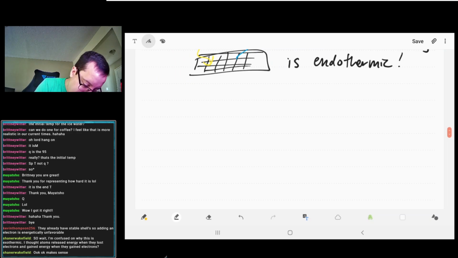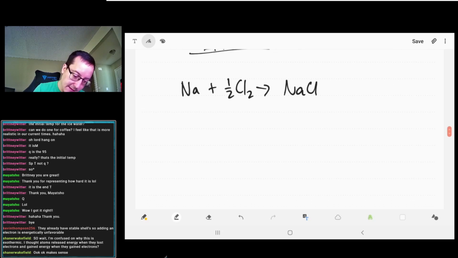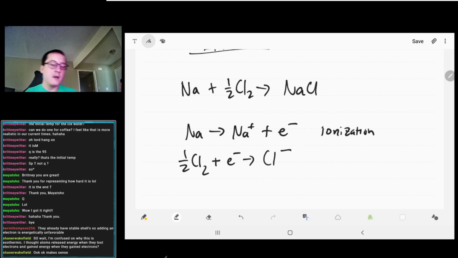Alrighty, so we have a reaction here that we're familiar with, perhaps. This is technically the same thing as saying, technically, this is kind of the electron affinity.